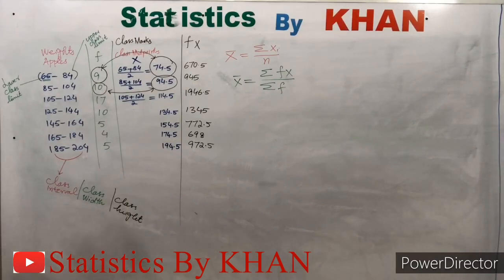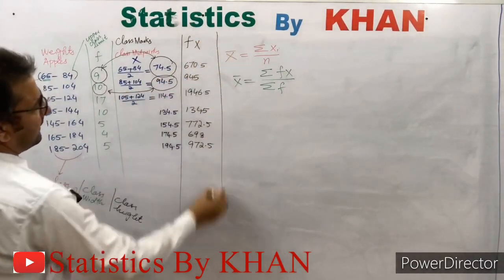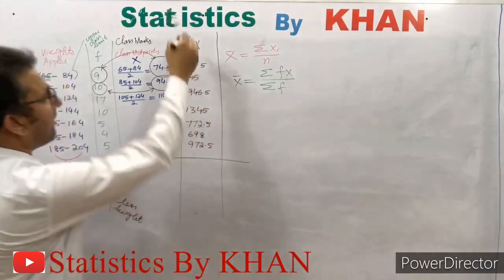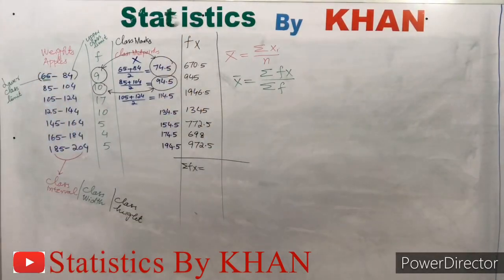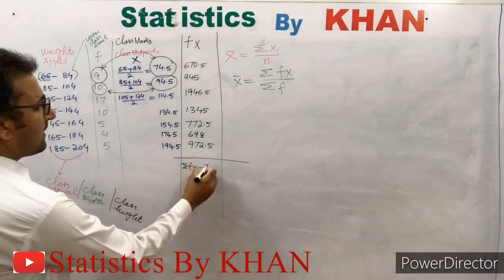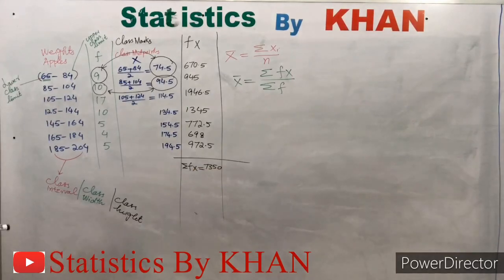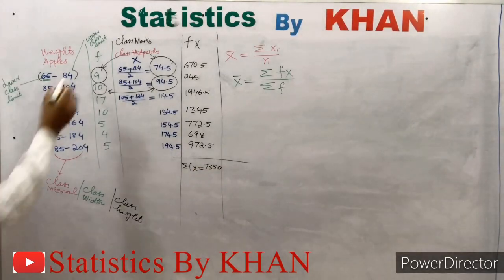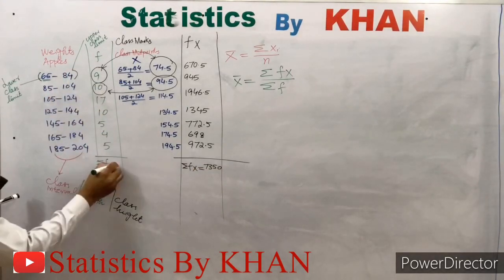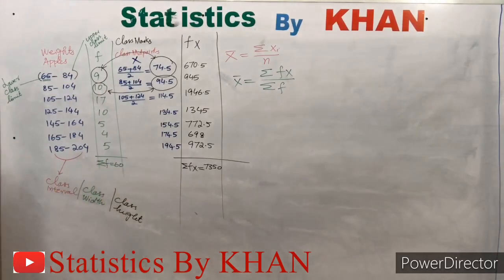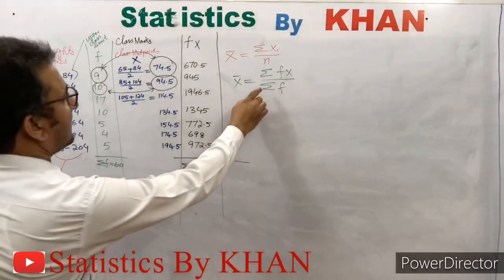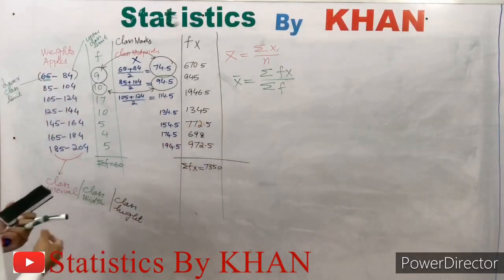Now if we add them all, we will get 7350. If we add all these frequencies, we will get 60, because the number of apples is 60. So now, according to this formula, we need two quantities.